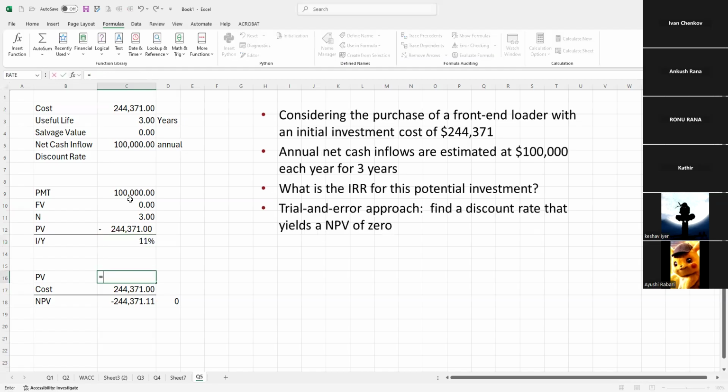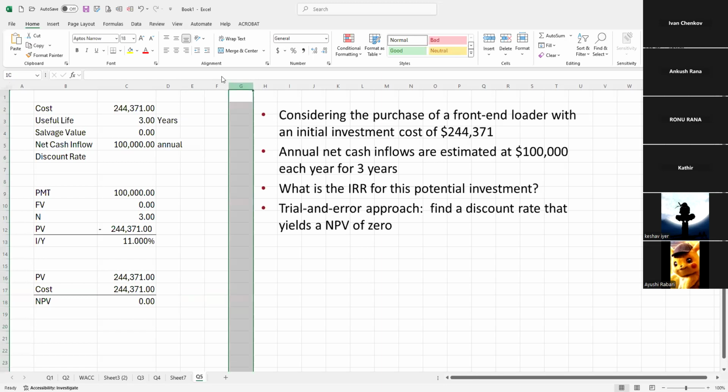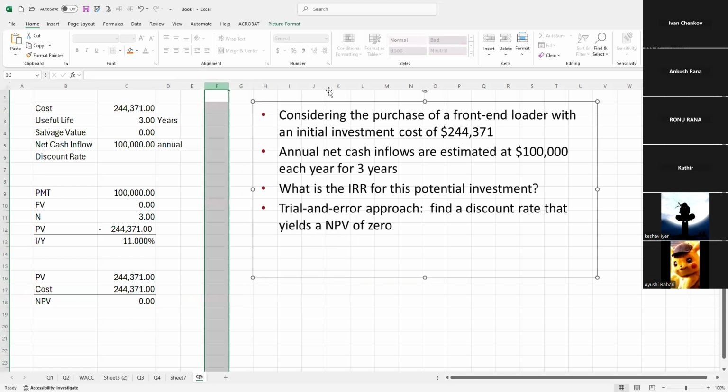Let's see what it gives you. Present value is this one. So if I want this present value to be 0, my interest rate, discount rate should be 11%. 11%. Let's see if this is true, because you may say, oh, that's too much.